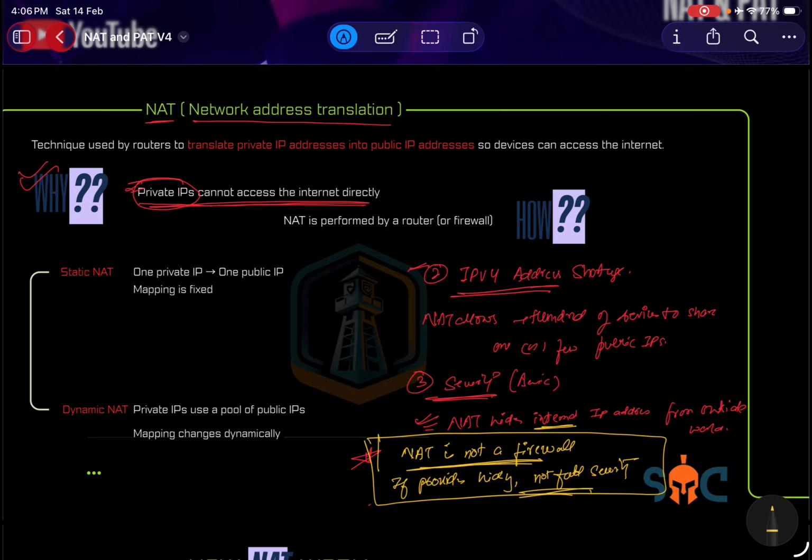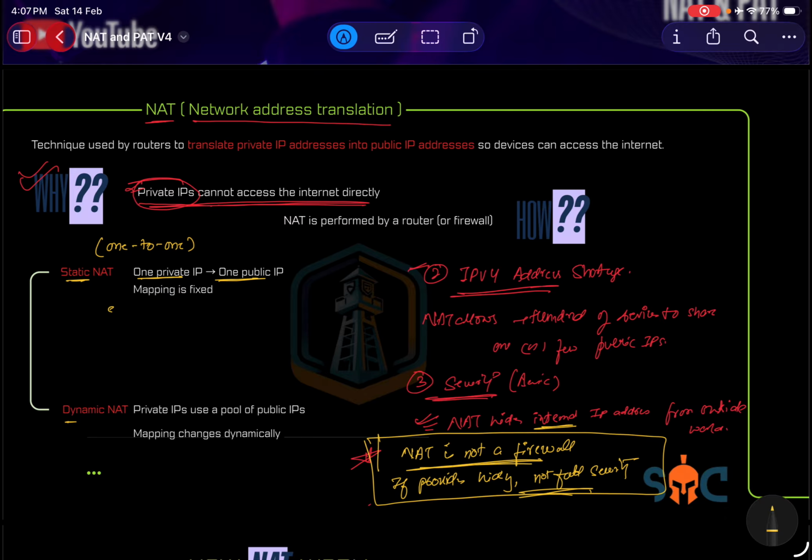Okay, moving to the types of NAT. So basically there are two types of NAT, that is static NAT and dynamic NAT. Static NAT is basically one to one. Why? Static NAT maps one private IP to one public IP.